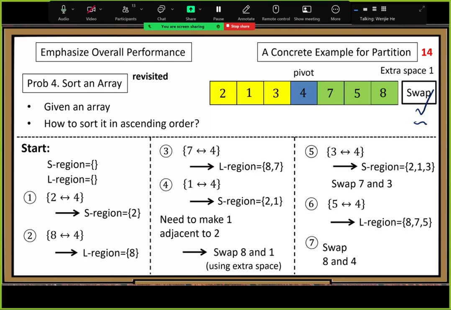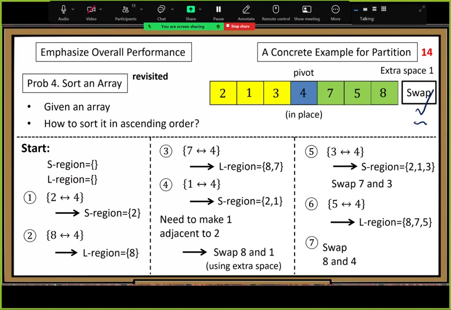When we do recursion, we keep doing this partition step in every recursion. Then, divide and conquer, we can complete the quicksort. So that's the whole quicksort.